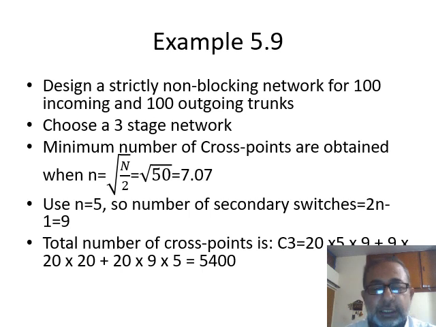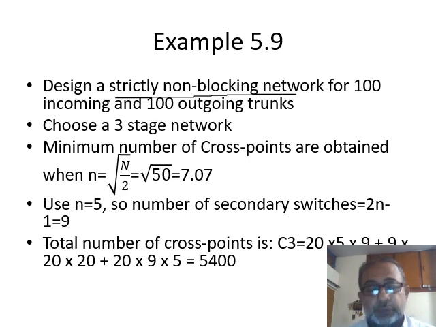If we use n equal to 5, the number of secondary switches would be 2n minus 1, which would be 9, and this is the case of a strictly non-blocking network, since our example is demanding that. Total number of cross points is C3.